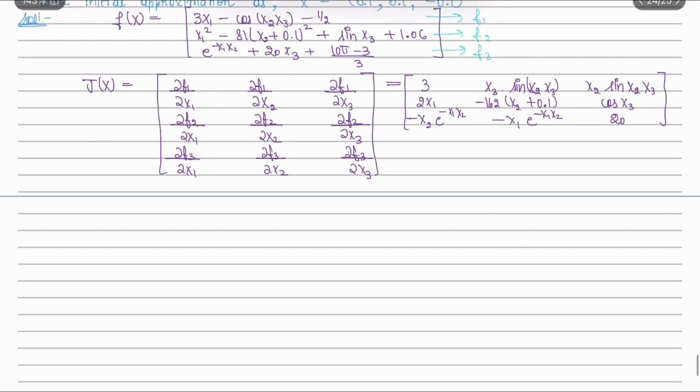Now, starting the iterative process, we have to use the updating rule as Jacobian of x naught into y naught is equals to minus of f of x naught, where the value of x naught is already given in the question as 0.1, 0.1, minus 0.1.